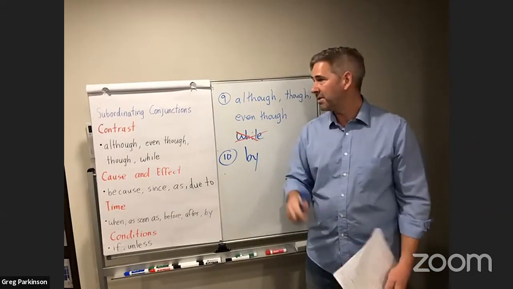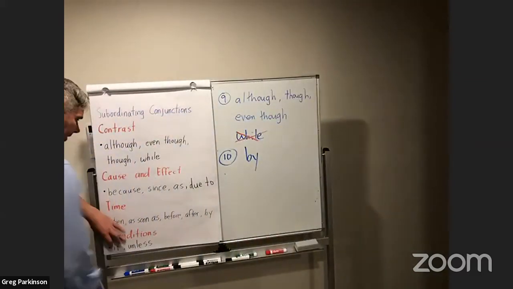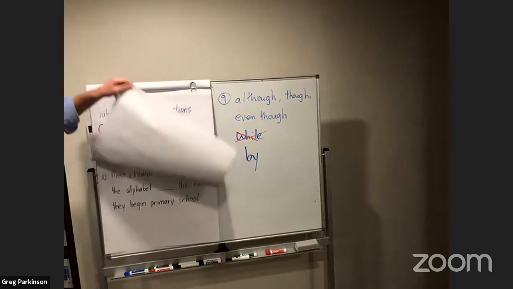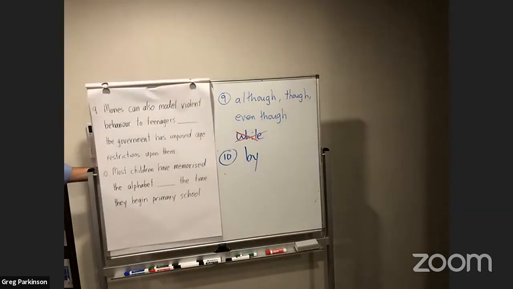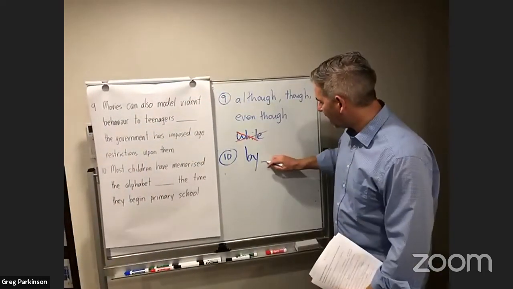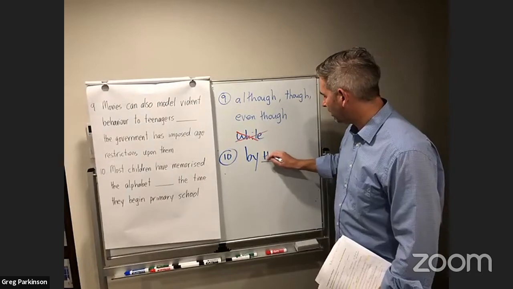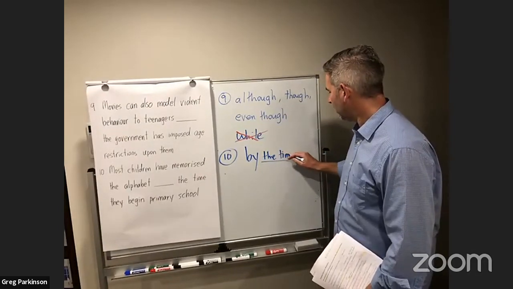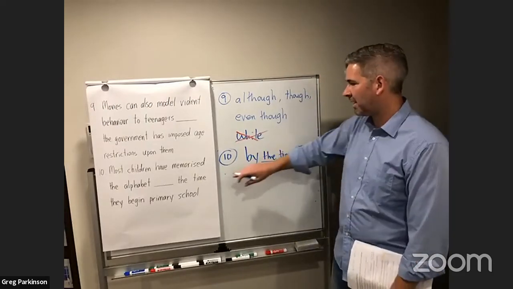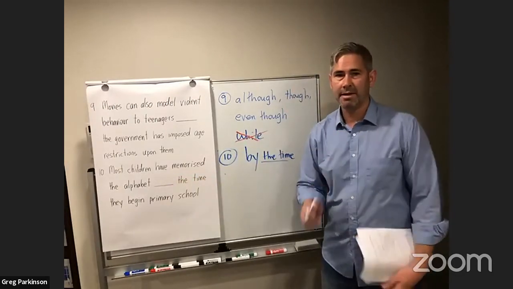Sometimes it can be used by itself, but in this case, it's part of the set phrase, right? So it can be used independently without the time, but in this case, by the time is that set phrase.